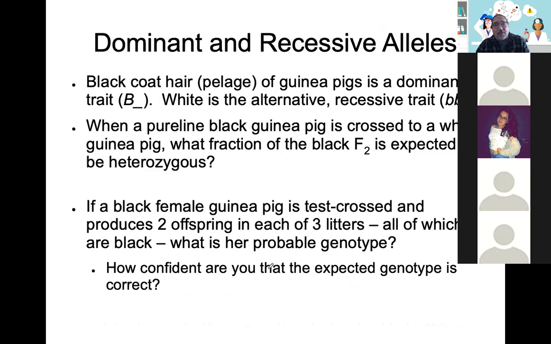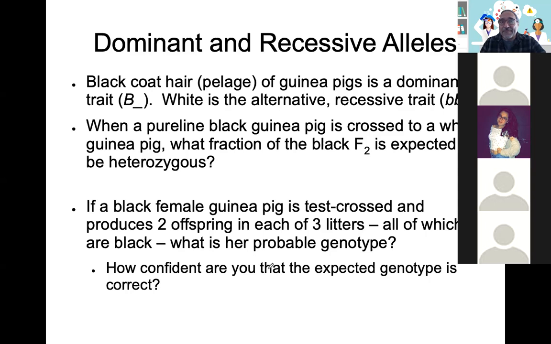So I want to give you another problem. And this problem is actually the most important problem that we're going to do all semester. We are going to come back to the idea expressed in this problem over and over and over again.